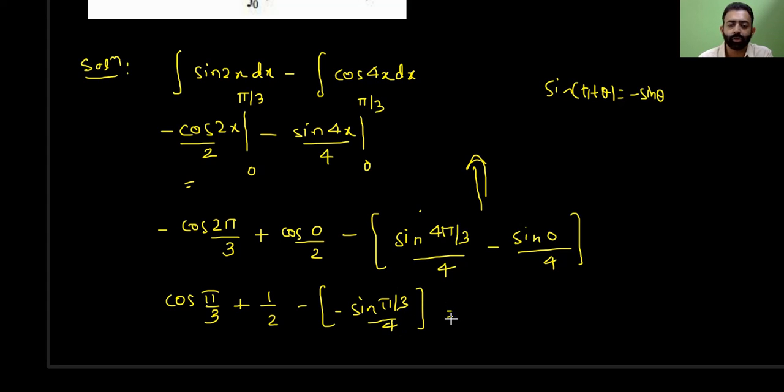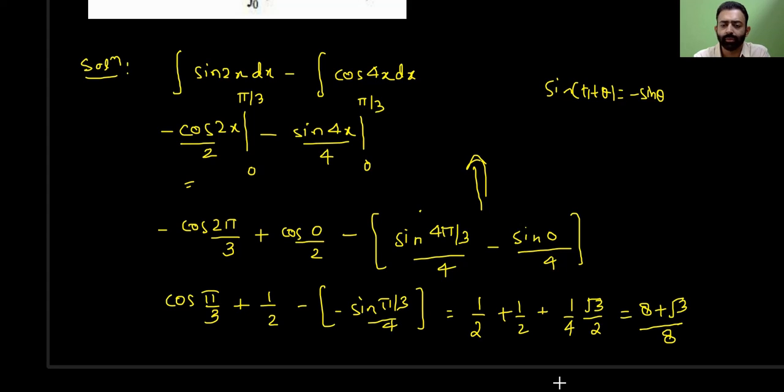Okay, so cos pi by 3 is cos 60 degrees, which is 1 by 2, plus half, minus minus is plus 1 by 4, sine pi by 3 means sine 60, which is root 3 over 2. 1 by 2 plus 1 by 2 is 1, this is 8, so 8 plus root 3 over 8.